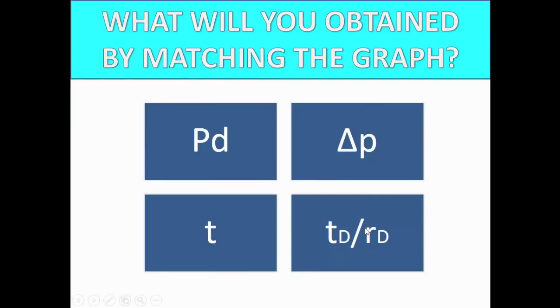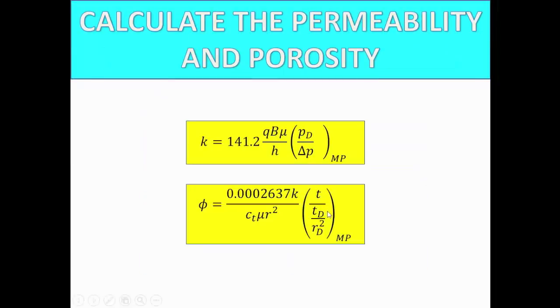After we get the mesh point, we will be able to obtain some properties which are PD, dimensionless pressure, delta P, T, and TD over RD square, which is dimensionless time over dimensionless radius square. And the last step is we can calculate the permeability by using this formula.